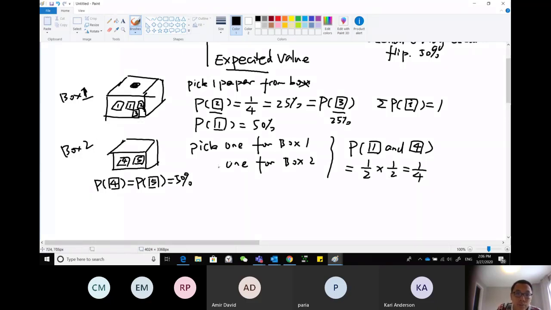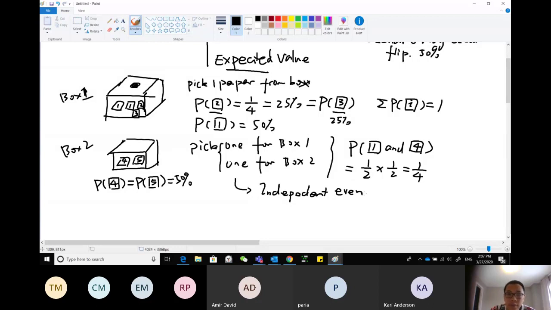So picking one paper from each box is considered independent, right? So this is an independent event. Because the paper that you're picking from box 2 does not affect the results from picking any paper from box 1, right?